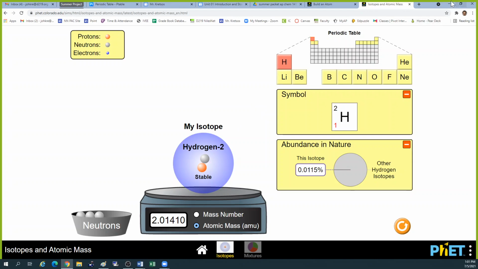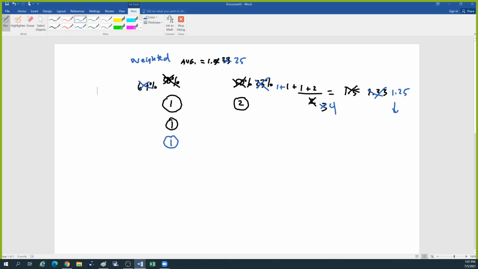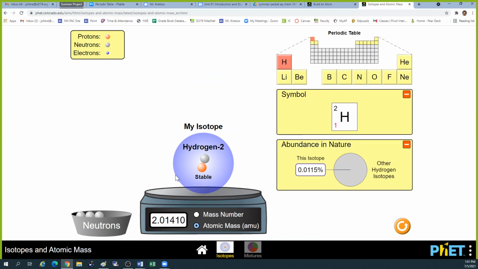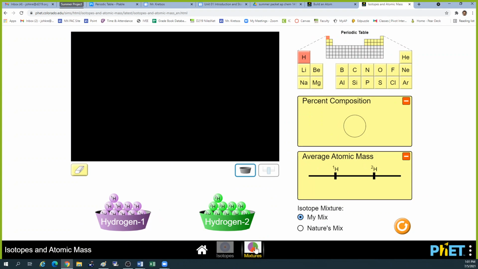So at this point, if we go back to this concept, and instead of just keep doing this over and over, let's look at what happens if we look at a mixture. So I'm going to kind of do what I did on paper by just throwing them into the pot here. So you throw in one of these, 100% of the atoms have the same mass as this. Throw in another one, still 100%, right?